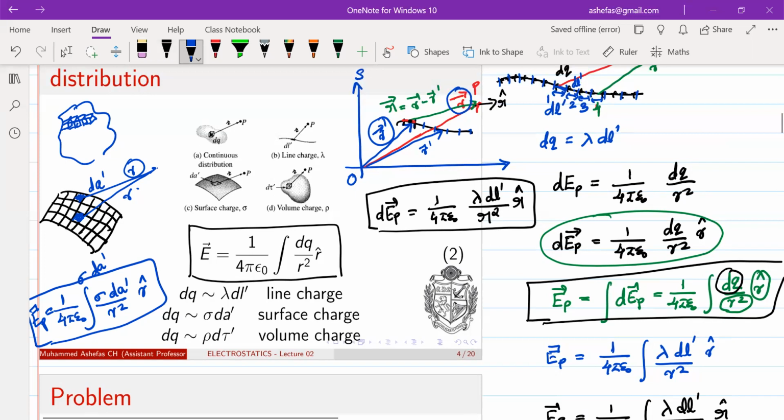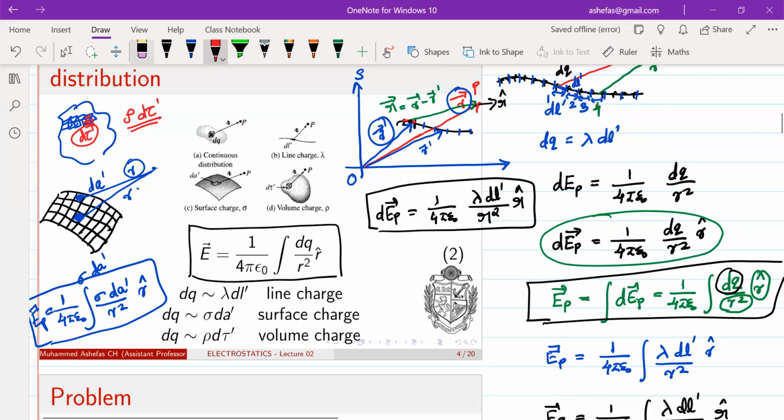Now each cube will have some volume, and that volume I can denote by the symbol d tau prime. And the amount of charge in this small volume I can represent as rho d tau prime.